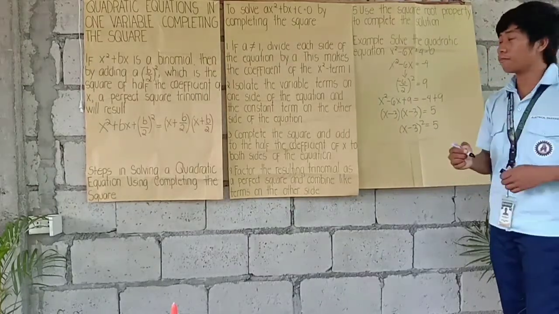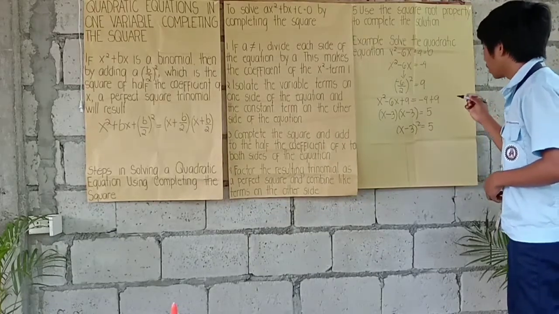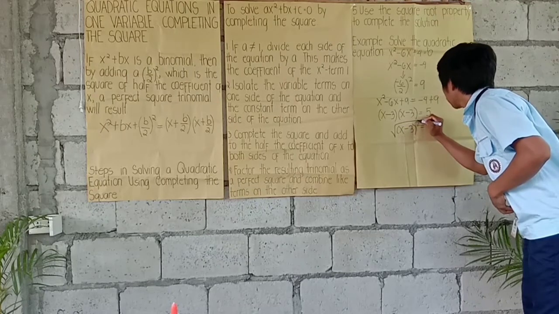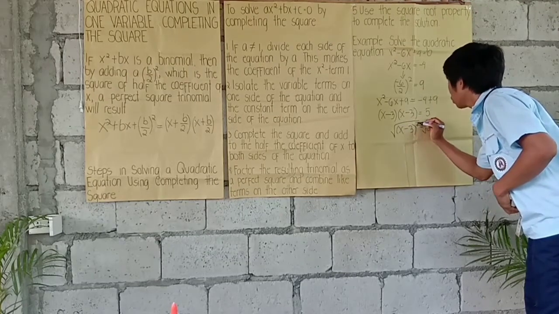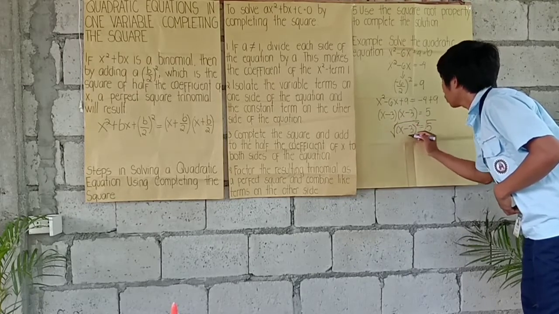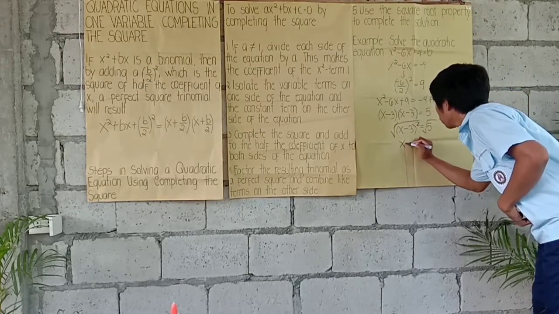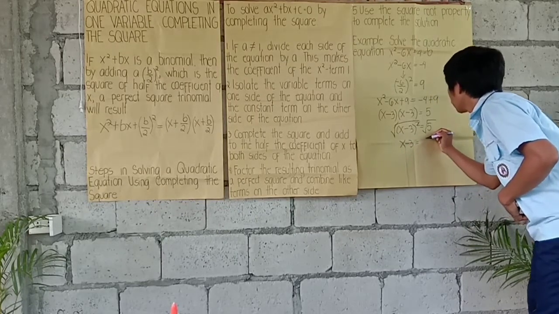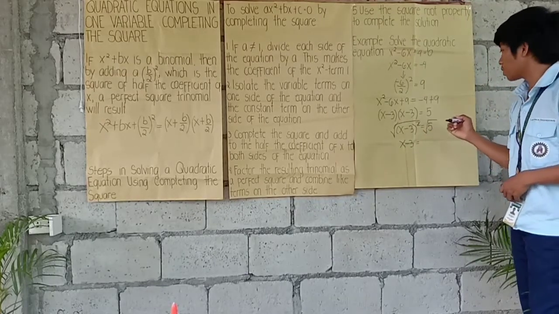So, for step 5, use the square root property. So, square root natin both sides. Then, cancel natin yung square and yung square root. So, magiging x minus 3 is equal to, i-rewrite natin to as positive or negative square root of 5.